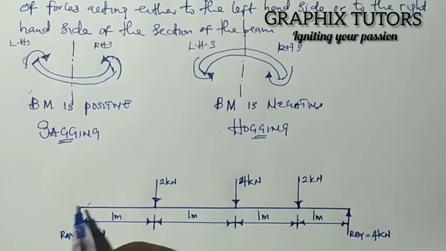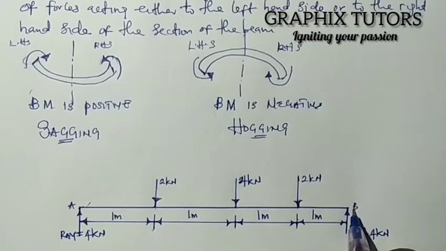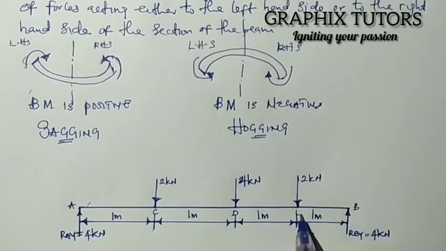So we are here. This is point A, this is point B, this is C, this is D, and this is E.